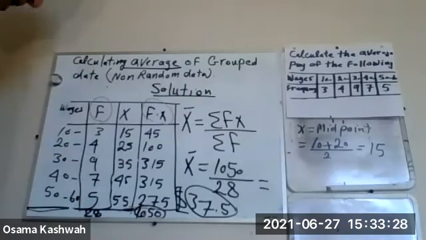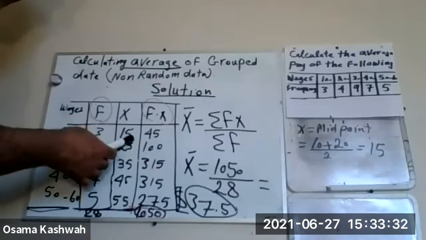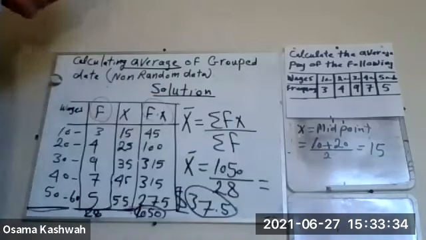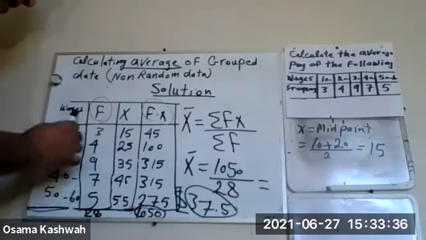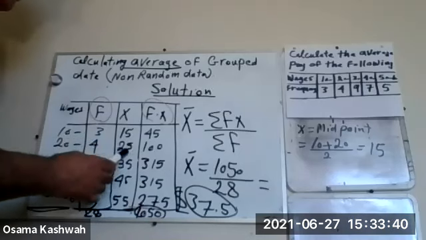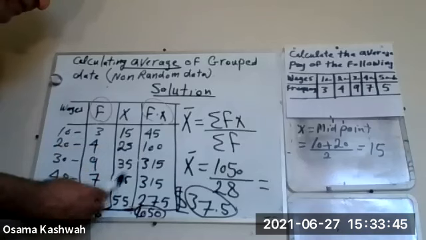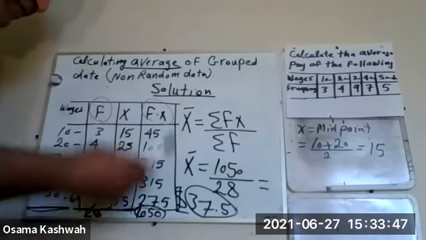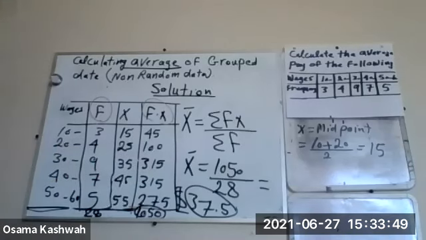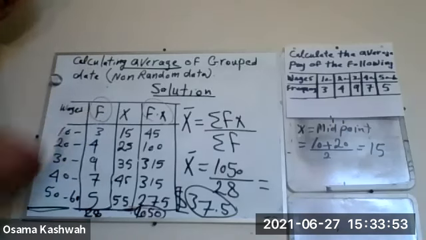Then I can get the first midpoint, which is 15, like I calculated here. Then I will add the 10, which is the length. So it will give me the second one, 15 plus 10, 25, 25 plus 10, 35, 35 plus 10, 45, 45 plus 10, 55. Again, we will multiply the f by the x.